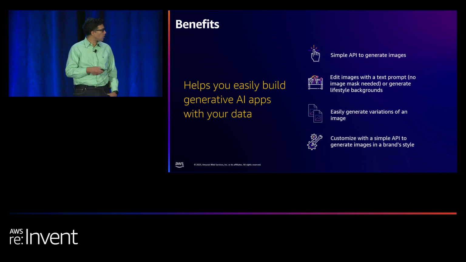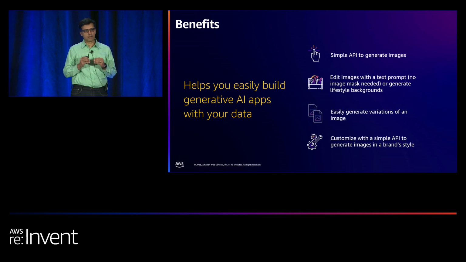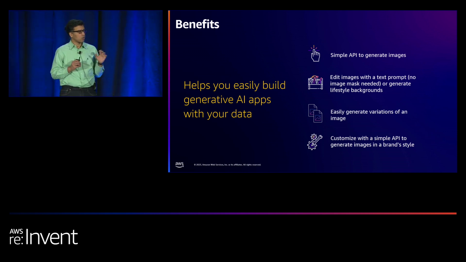One of the important things that we did is also looking at each of these features that we launched to understand how we can make it easier for you as customers to use it. Taking in-painting as an example, we saw an image of a lush green forest with a car in it. Let's say I want to replace the car with a truck.